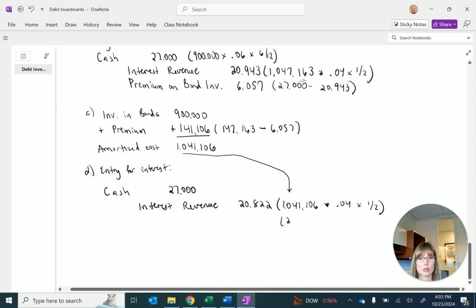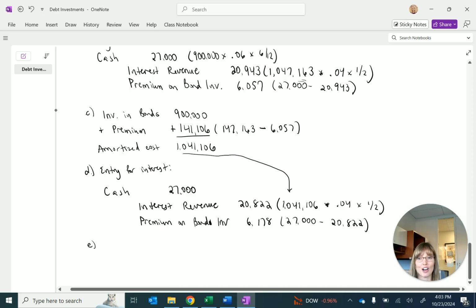And the difference between the cash we receive and our interest revenue is recorded as a reduction to the premium on the bond investment. Sorry, not bonds payable. Premium on the bond investment. And this works out to be $6,178.